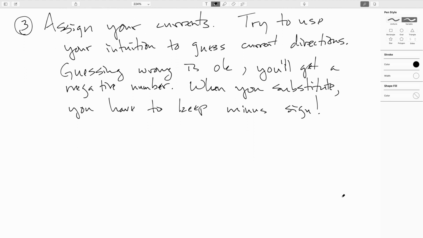So the big deal is you need to get as many equations as you have unknowns. And as a general rule of thumb, node equations are more straightforward to use than loop equations. So we want to write as many node equations as we can. And the first step there is always going to be to count your nodes.